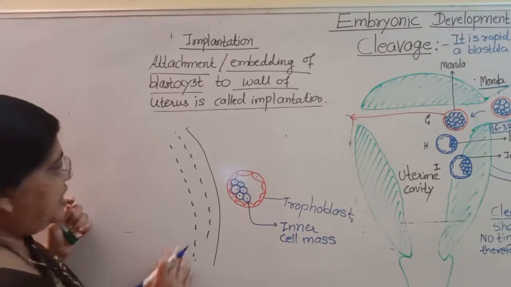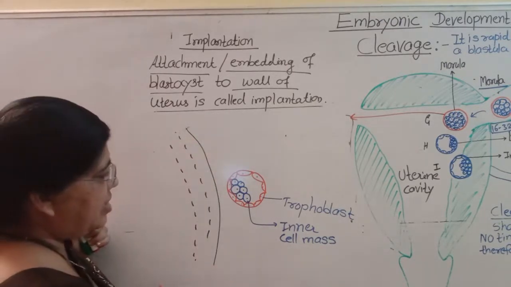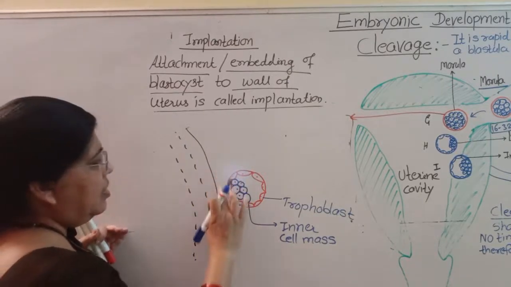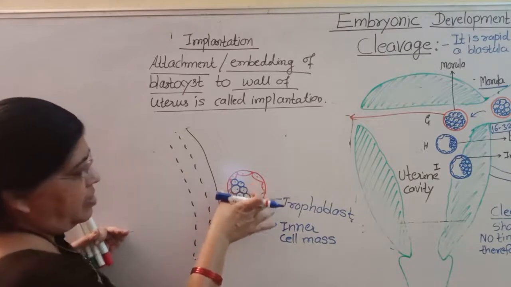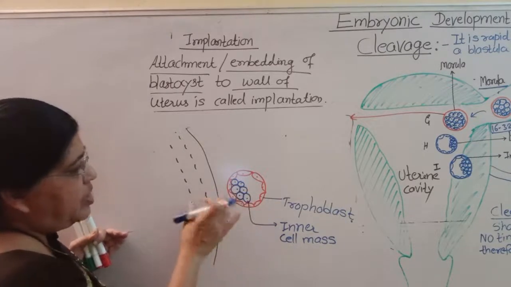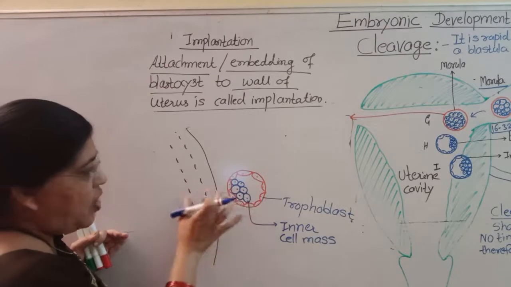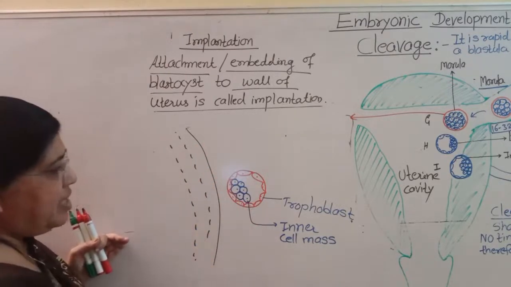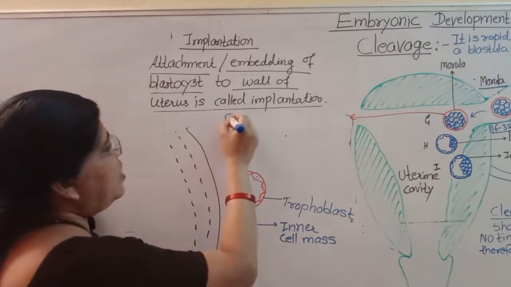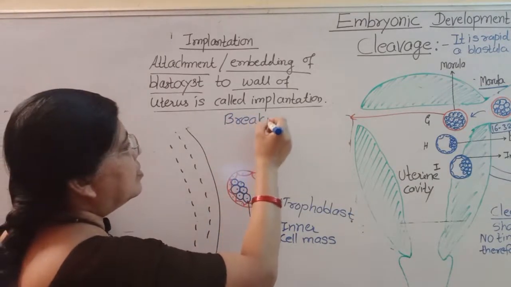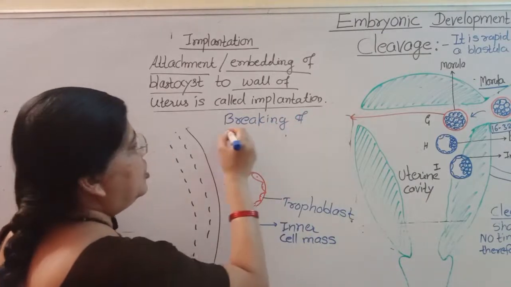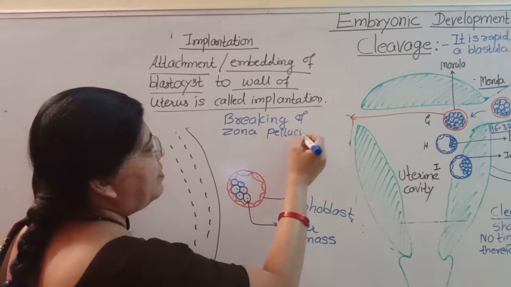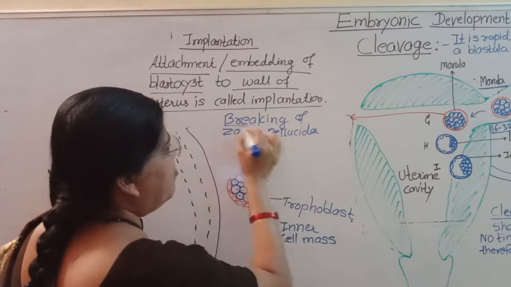So some changes take place during implantation, and we will discuss those changes one by one. When this blastocyst comes in contact with the endometrium, then breaking of the zona pellucida takes place.